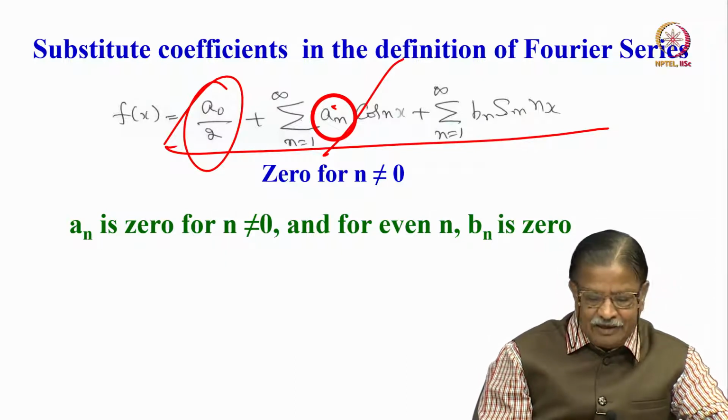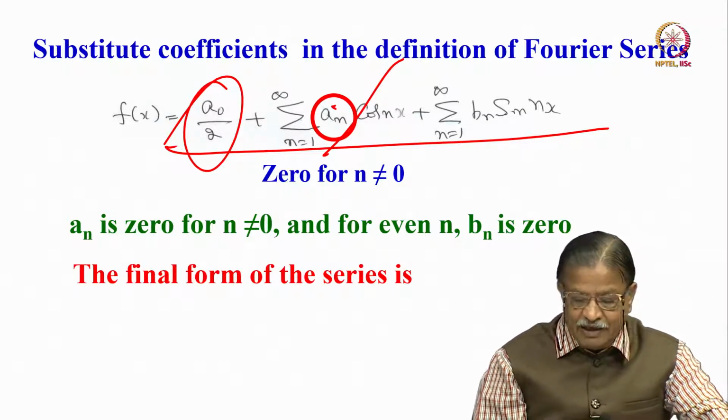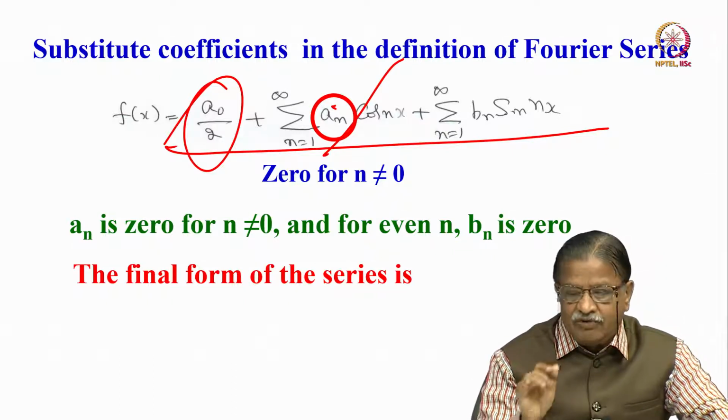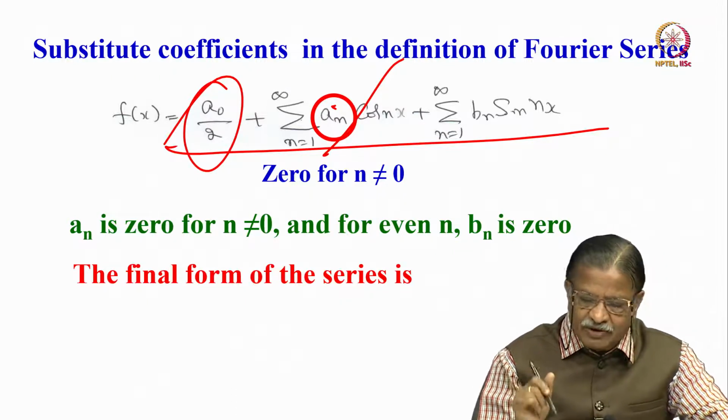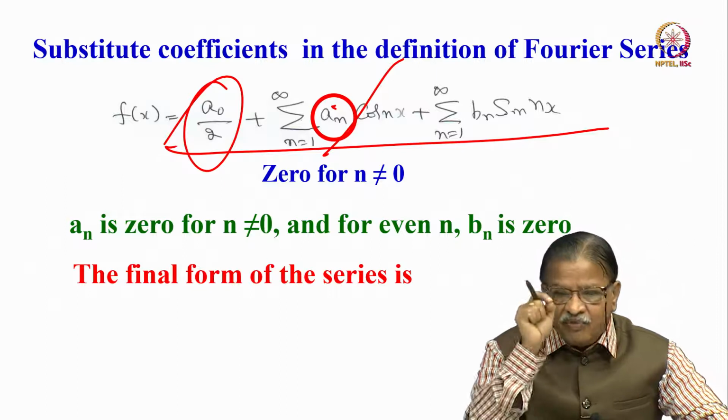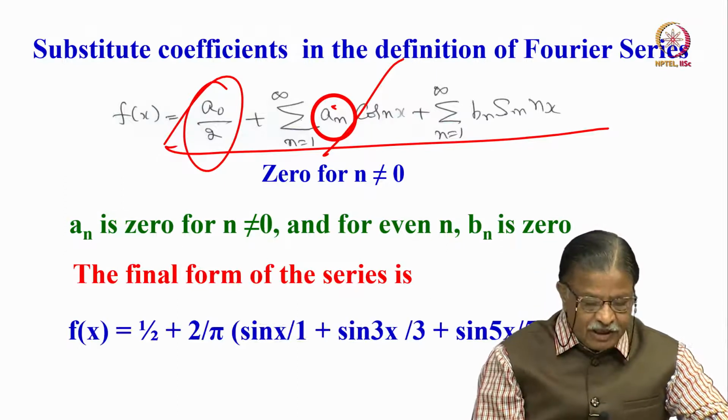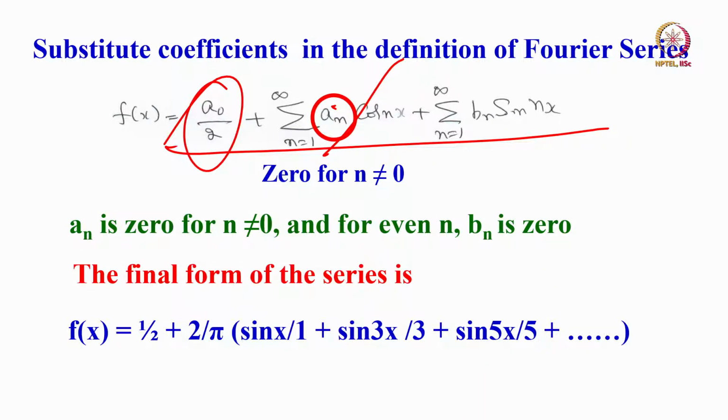For even values of n, bn is 0. So if you substitute all these Fourier coefficients we calculated, the final form of the series is like this: a0 by 2 is half, the cosine part is 0, the even sine part is 0, and only the odd part survives, which we write like this. This is the Fourier series for the square wave which we considered.